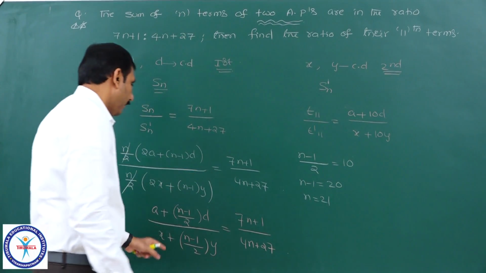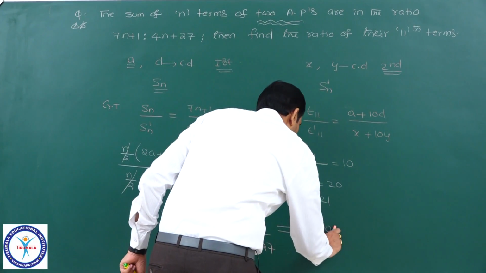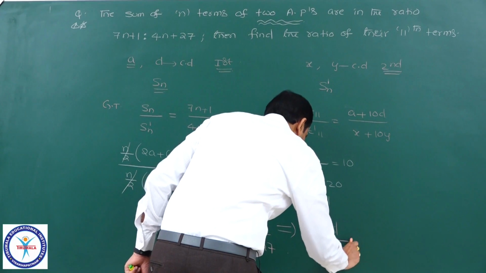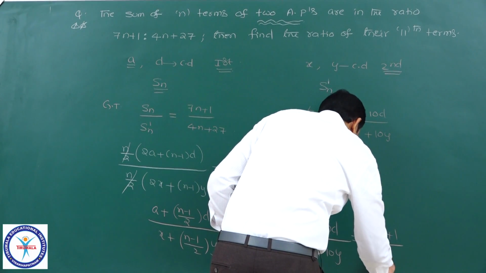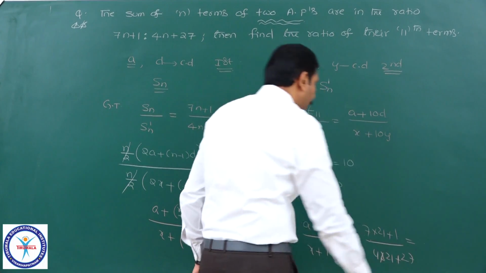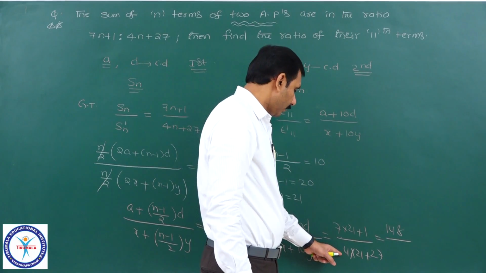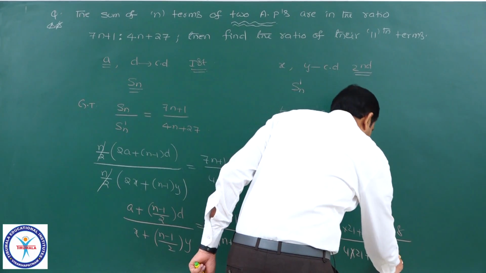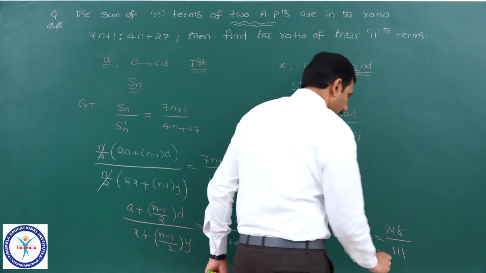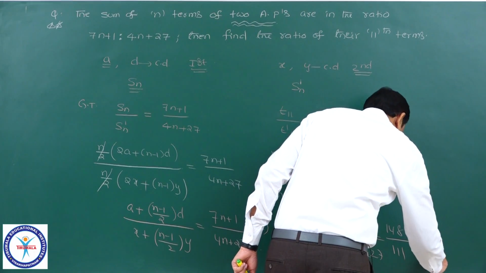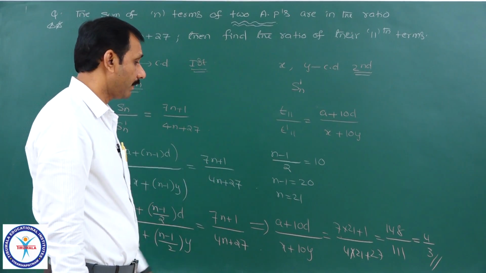If I take n equal to 21, the ratio (A plus 10d) by (x plus 10y) is equal to (7 into 21 plus 1) by (4 into 21 plus 27), which is 148 by (84 plus 27), that is 148 by 111. Factoring, 148 is 37 times 4 and 111 is 37 times 3, so it is equal to 4 by 3.